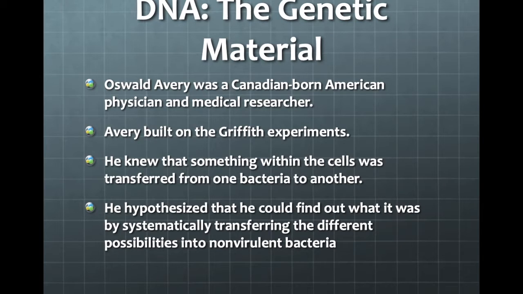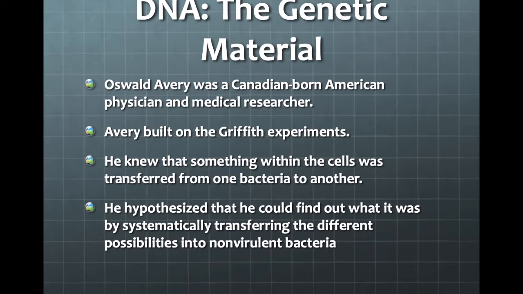Oswald Avery was a Canadian-born American physician and medical researcher, and he decided to take Griffith's experiment one step further. He knew that something within the cells was transferred from one bacteria to another, but he couldn't figure out what.